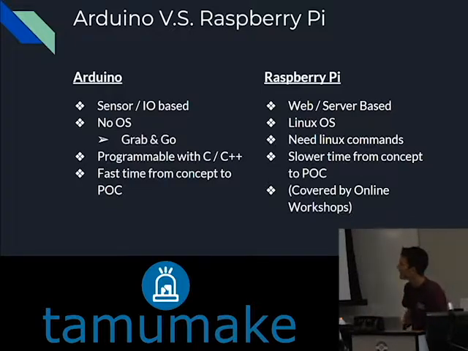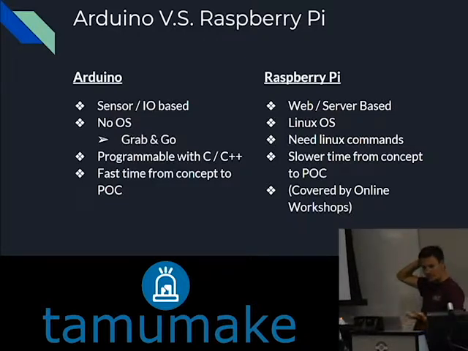Now, Raspberry Pis. We're not going to cover these in the physical workshops. Those are going to be handled by our counterparts, the online workshops. So YouTube channel, TAMUmake. If you want to learn anything about Raspberry Pis and making things web-based, that's them.